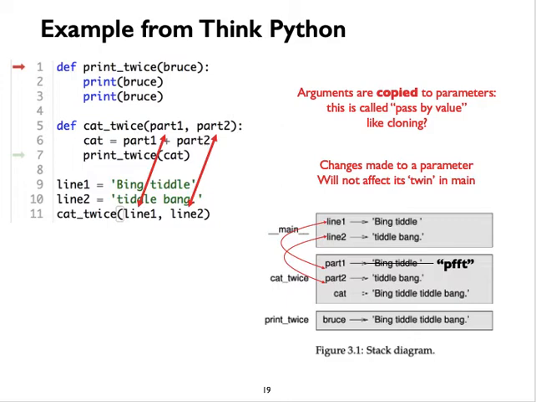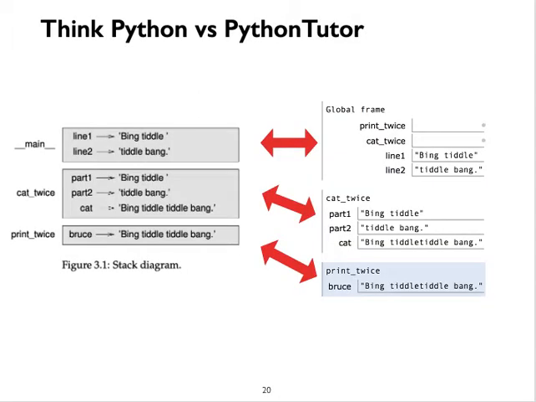This is an idea that we're going to show you examples of in a bit, and I'm about to show you some examples from the Python Tutor. We're going to go to a website called Python Tutor, and Python Tutor will show you this really nicely in an interactive way, but it uses slightly different naming. On the right hand side here, I'm showing you what it's going to look like in the Python Tutor.